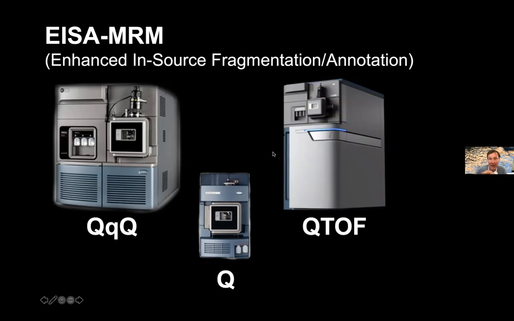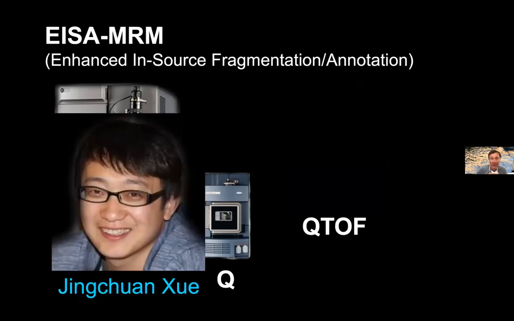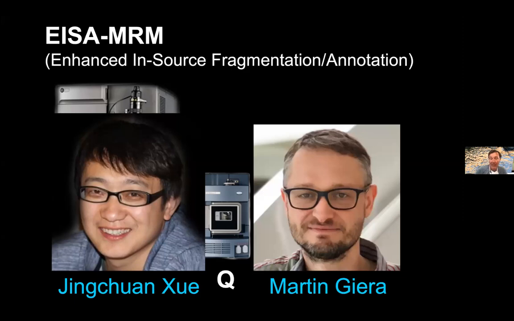So you can actually have the whole package available to you for untargeted and targeted analyses with the QTOF. And the individuals I'd like to acknowledge with respect to this have been Jingchuan Zhu and Martin Guerra, and as I mentioned, Rico Dirks, who developed what we call the correlated ion monitoring algorithm that allows us to do the filtering with this ESA approach.